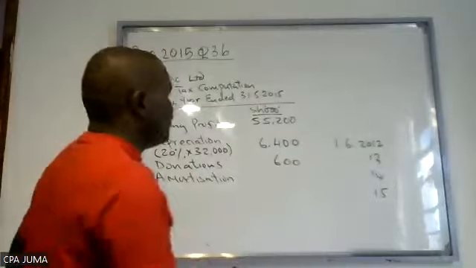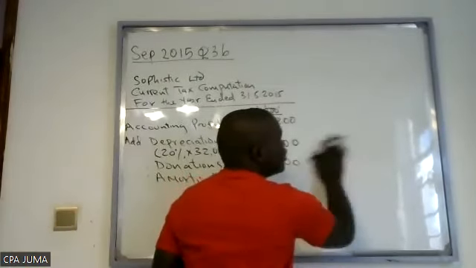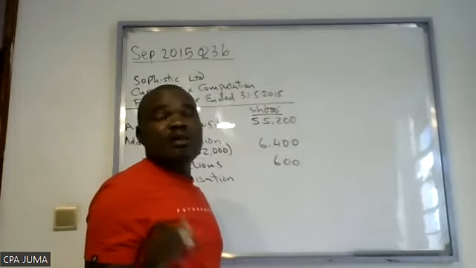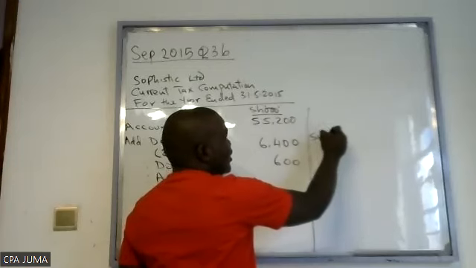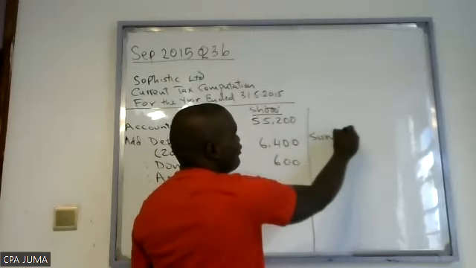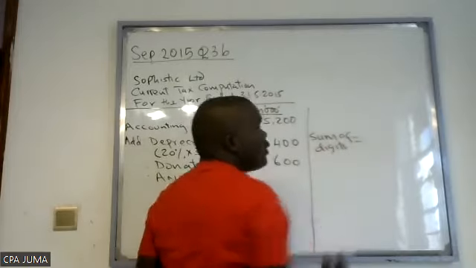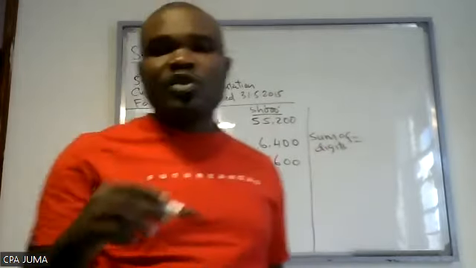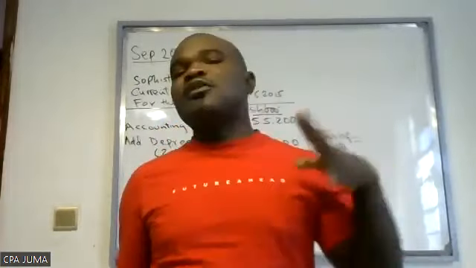So maybe you can have something rough outside here. They are saying they are using the sum of digits. Sum of digits method goes this way. Right there, have a small working for sum of digits. When you are told to work with sum of digits, you count the number of years of useful life. They have said useful life is 5 years.